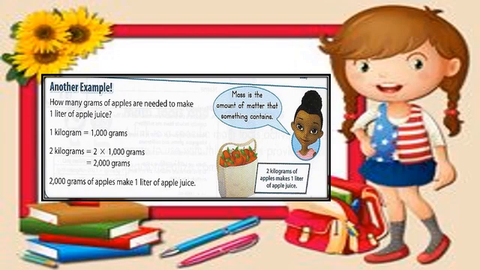It states here that 2 kilograms of apples make 1 liter of apple juice. So 2 kilograms times 1,000 grams is equal to 2,000 grams. Therefore, 2,000 grams of apples make 1 liter of apple juice. So 2 kilograms is equal to 2,000 grams.